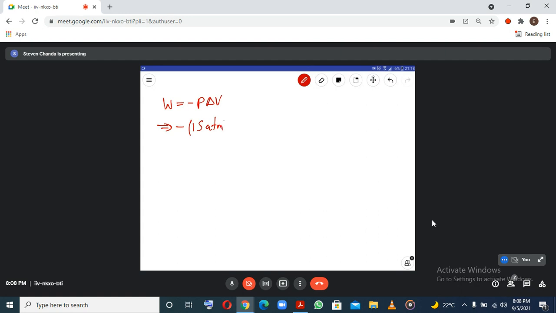Then the change in volume is 64 liters minus 46 liters. Okay, so meaning what we are going to have is negative 270 liter atmospheres, right? So that's what you're having there.